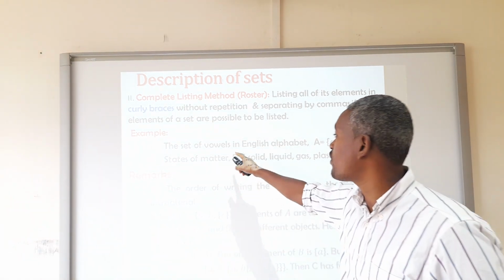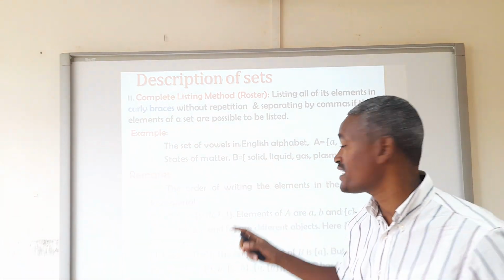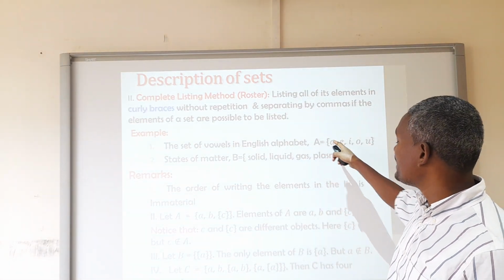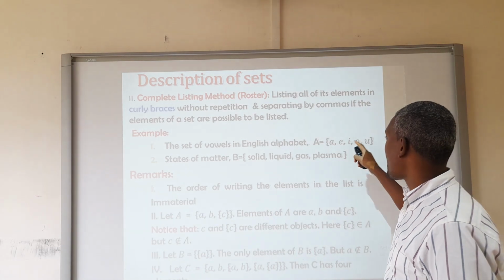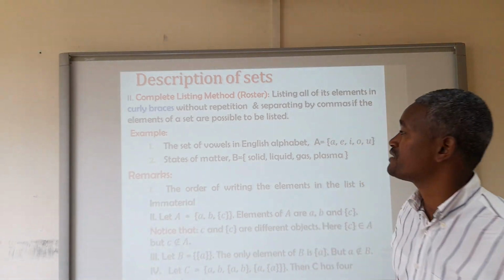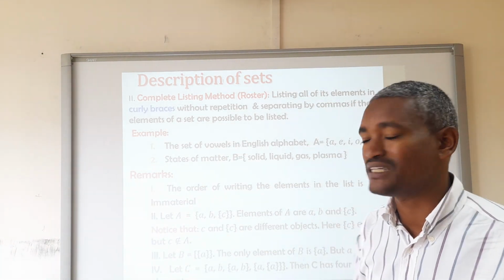So the set of vowel letters in the English alphabet is clearly finite, so we can completely list all the elements: A, E, I, O, U. Using curly braces and separating the elements by commas, we can represent the given finite set using the complete listing method.